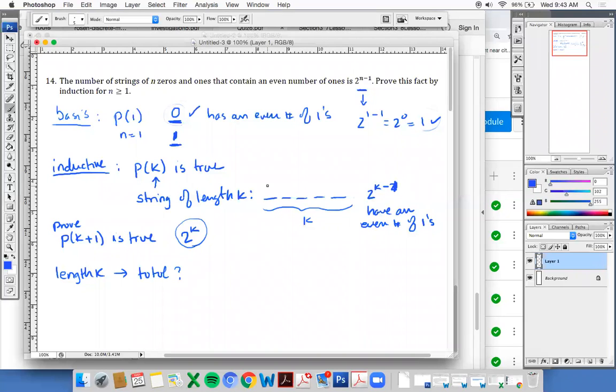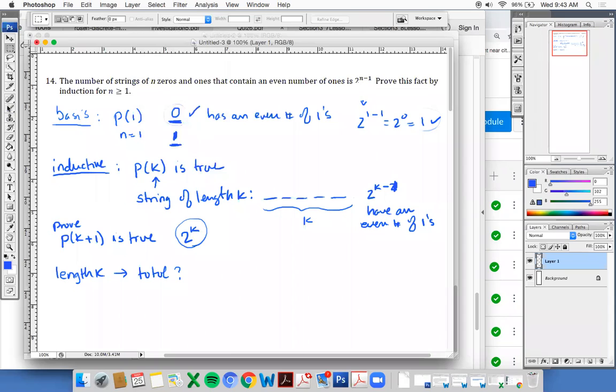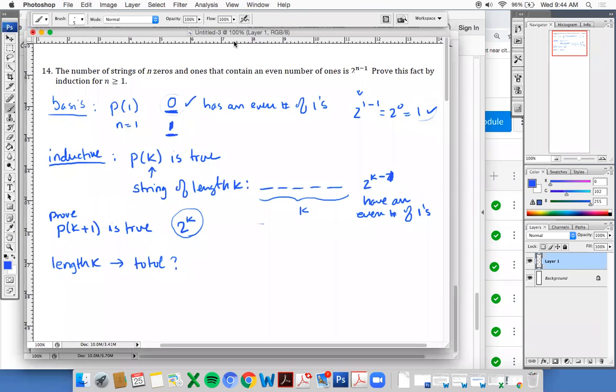So I have 2 options for each, right? Yeah, exactly. 2 to the k, right? Because I have 2 options for each bit, and there's k of them, so 2 times 2 times 2 times 2, k times is going to be 2 to the k.